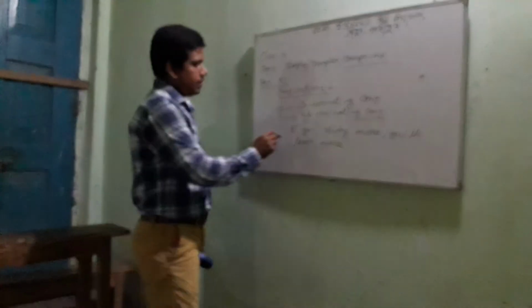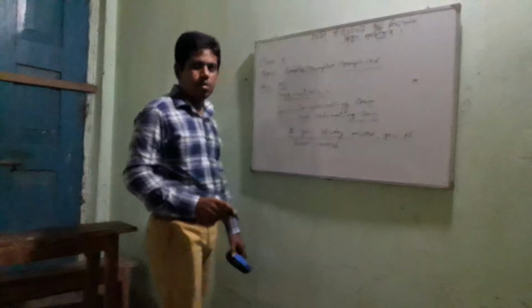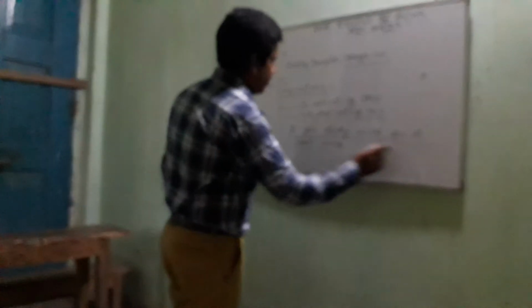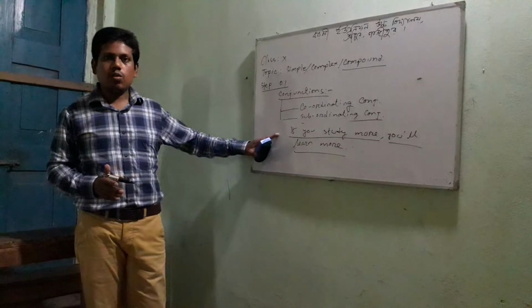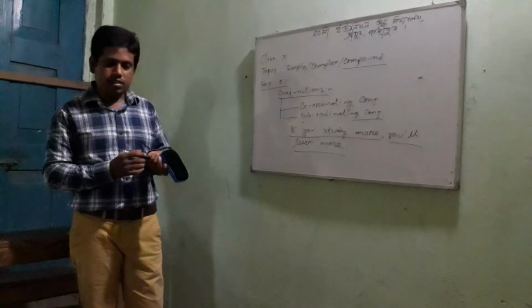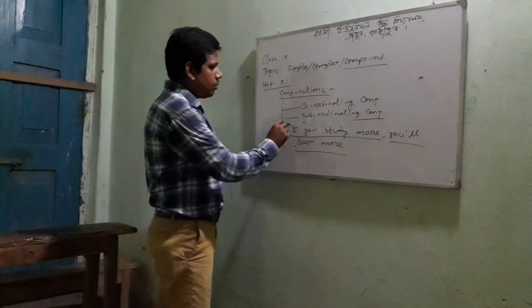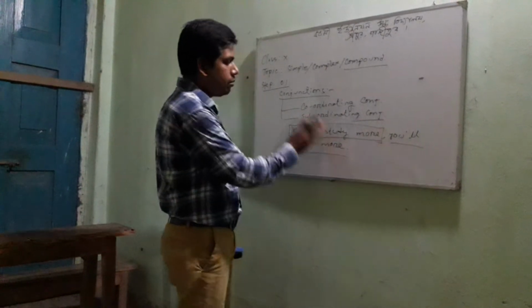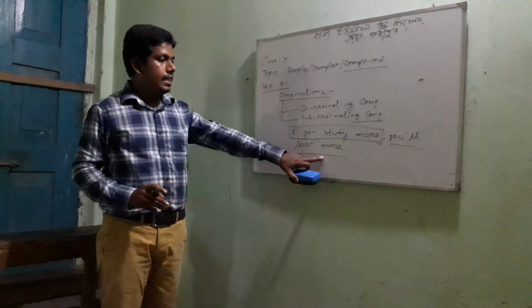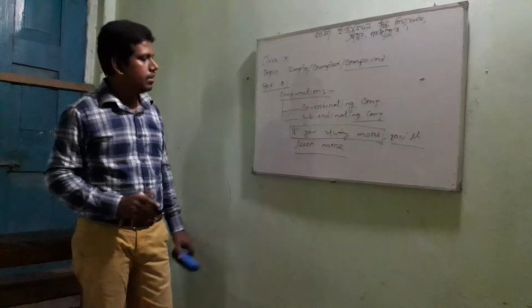There are 2 clauses. If you study more, this is a clause. You will learn more, this is a clause. What is a clause? A clause is a part of a big sentence. If you study more, this is a part of the sentence, if you study more, you will learn more.